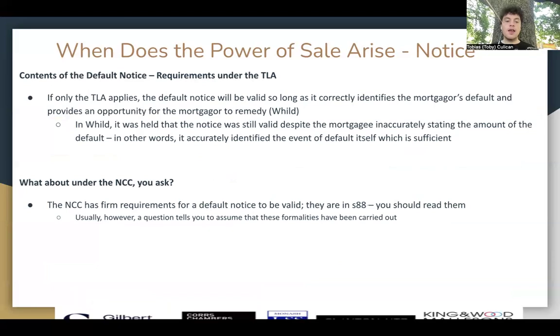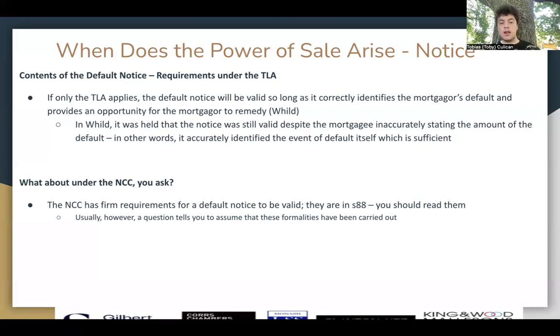Contents. If only the TLA applies, the default notice will be valid so long as it, one, correctly identifies the mortgagor's default, so it says you've defaulted, and two, provides an opportunity for the mortgagor to remedy. And that's Wild. So that's all that's required. In Wild, it was held that the notice was still valid despite the mortgagee inaccurately stating the amount of the default.